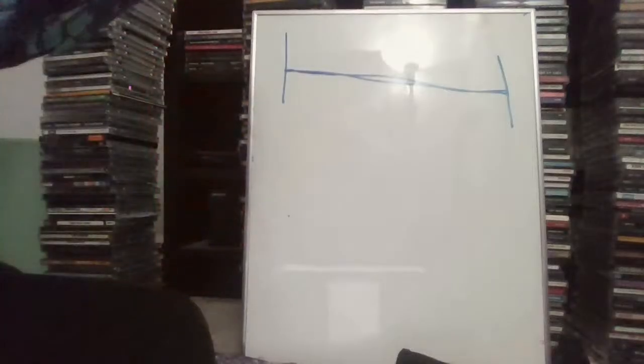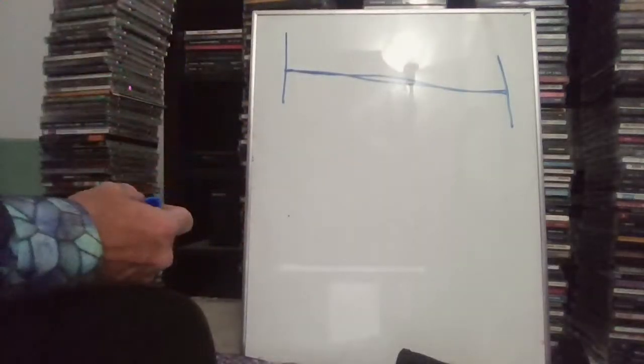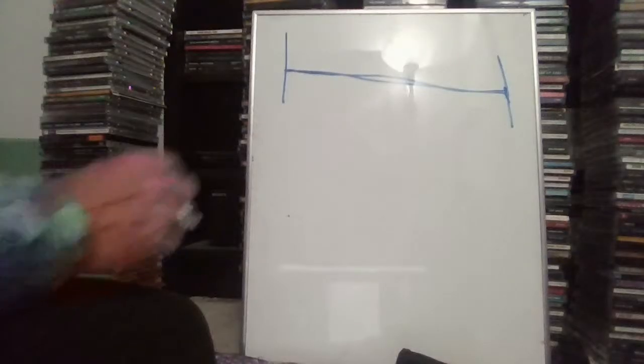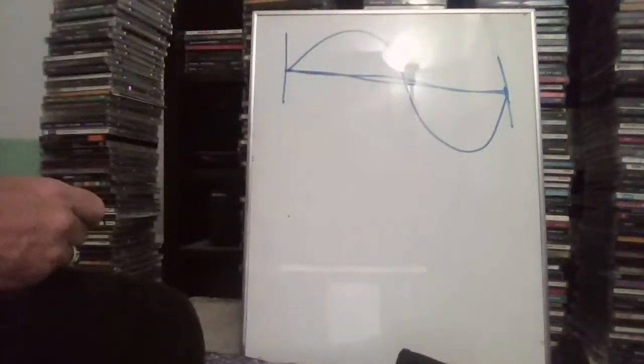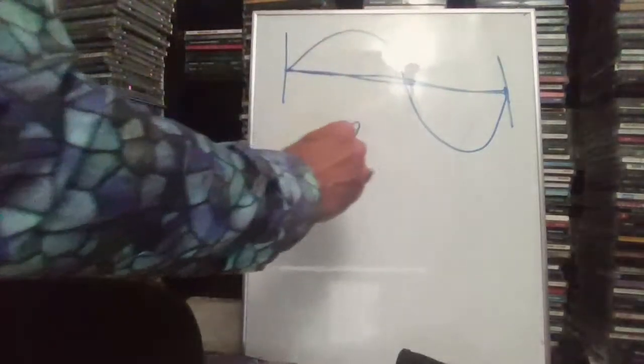Length is the amount of space that it has to vibrate in. So if the length is this much, it will cycle once in that length. And if this length is L, then the frequency is 1 over L.